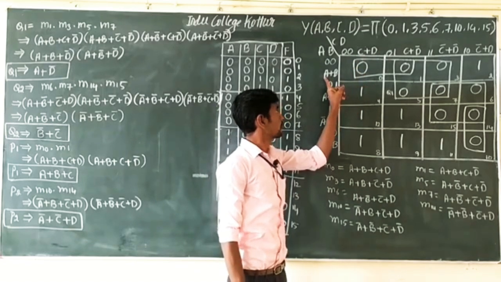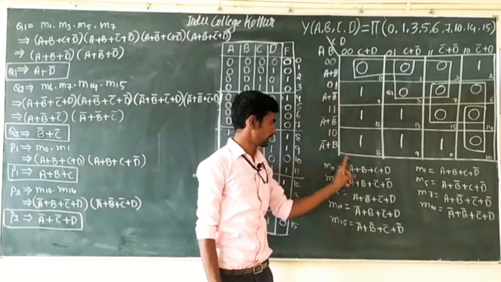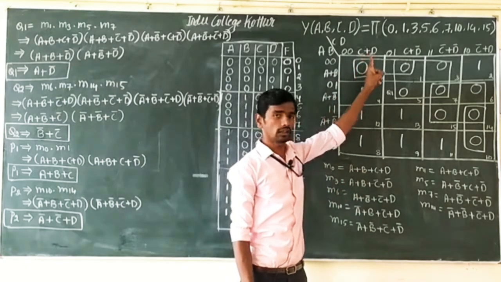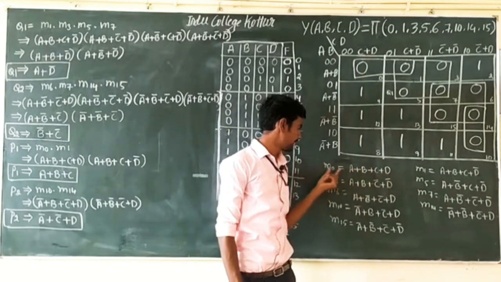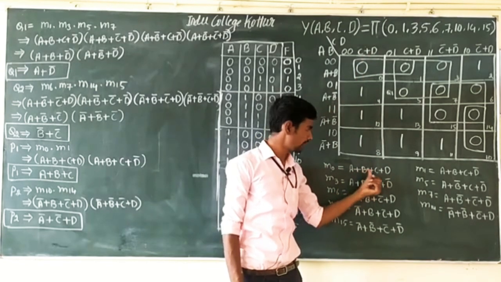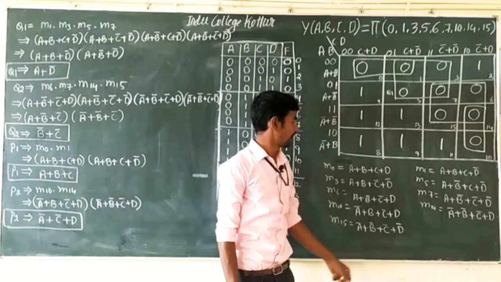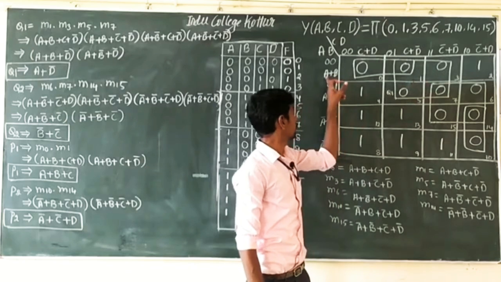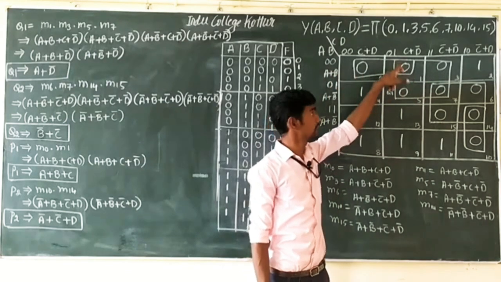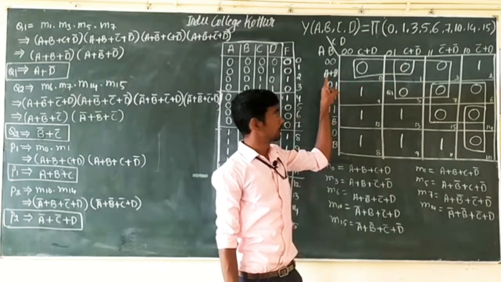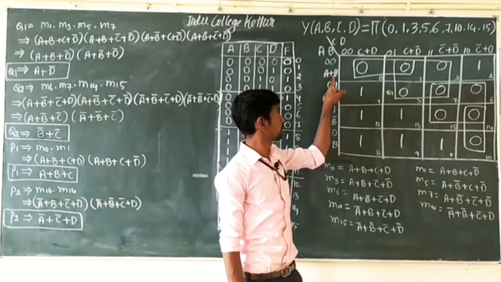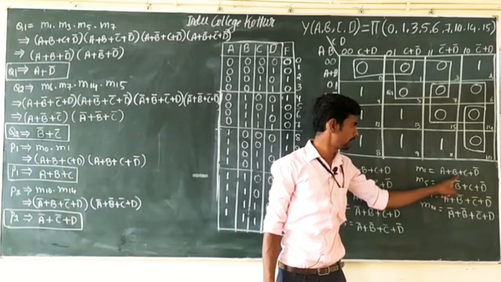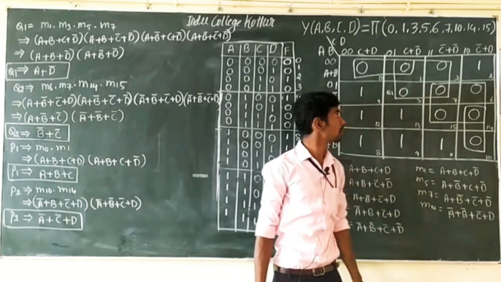First row variable A plus B. Next, column 1 value C plus D. M0 value is A plus B plus C plus D. Again, M1 value. M1 is intersected in the first row and the second column. First row value A plus B, second column C plus D complement. A plus B plus C plus D complement.